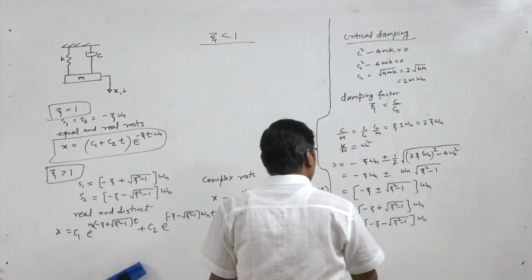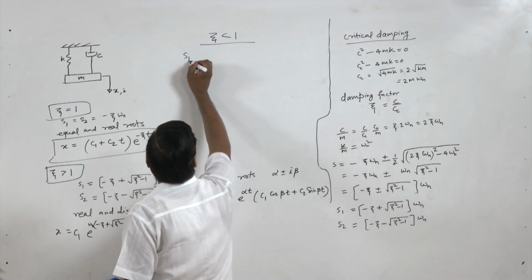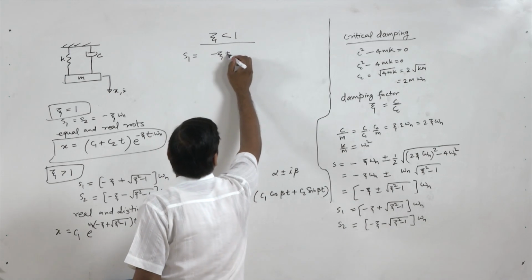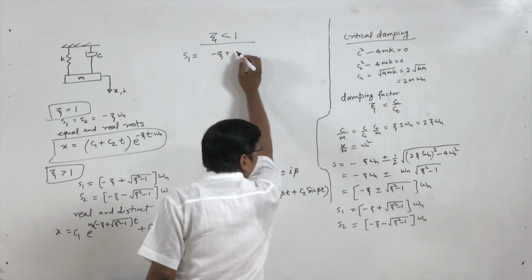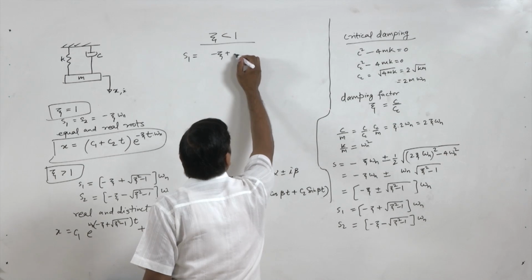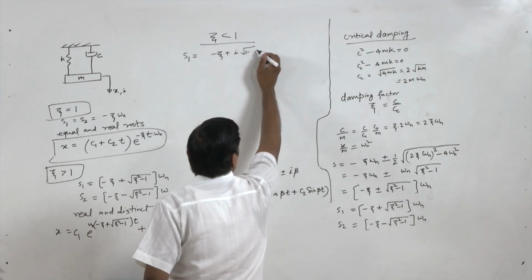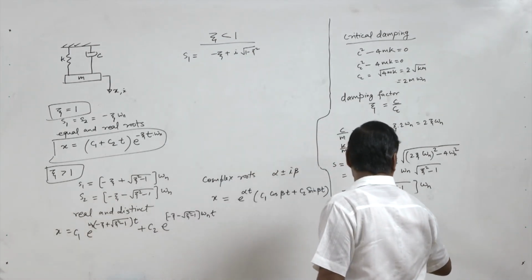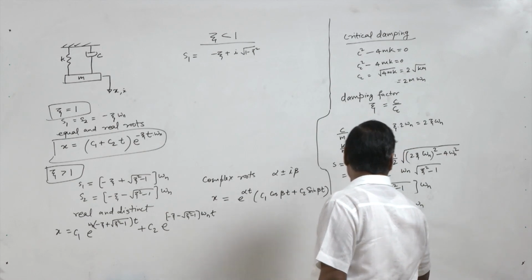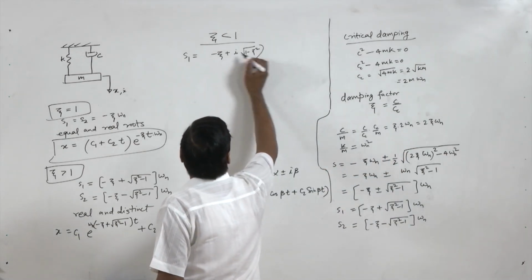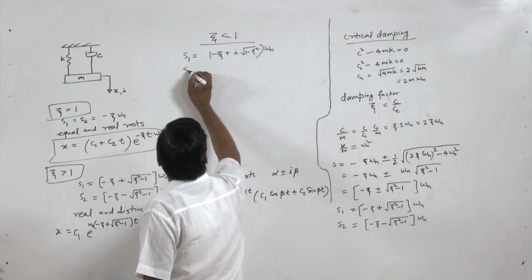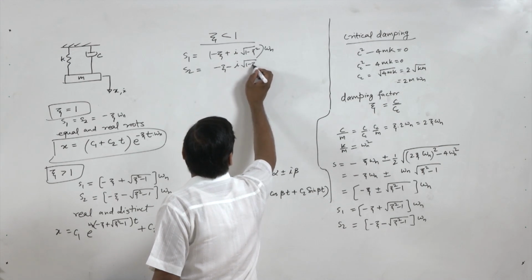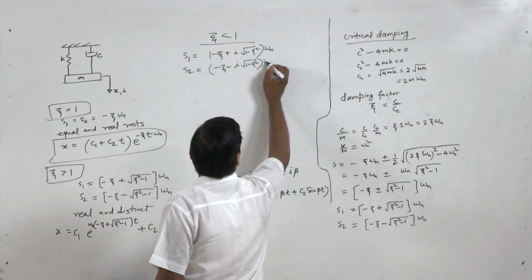So when zeta is less than 1, we will have S1 equal to minus zeta plus i root 1 minus zeta square, because we can write minus 1 as i squared, so root minus 1 minus zeta square becomes i into omega n, and S2 equal to minus zeta minus i root 1 minus zeta square omega n.